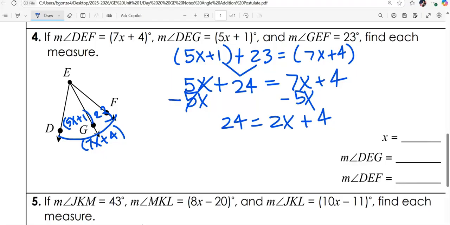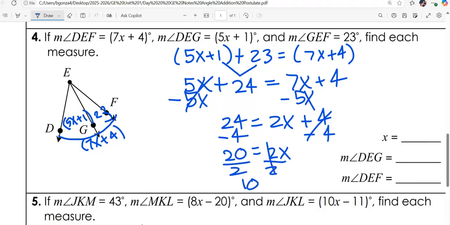Now the loner is positive 4, so we're going to subtract 4. 20 equals 2x. And just like last time, our last step is to divide. 20 divided by 2 is 10.